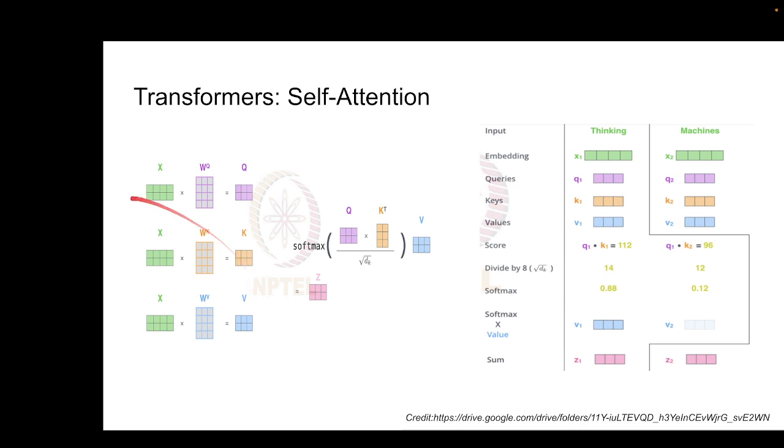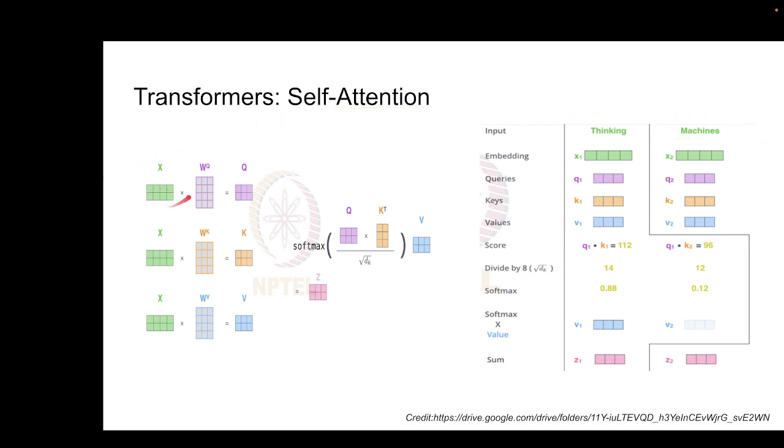Here they all come from the same source X, and that is what self attention is. X is your input sentence. Suppose there are two words in X, row wise maybe. Like here it's given as thinking machines. This is just one sentence with two words, thinking and machines.